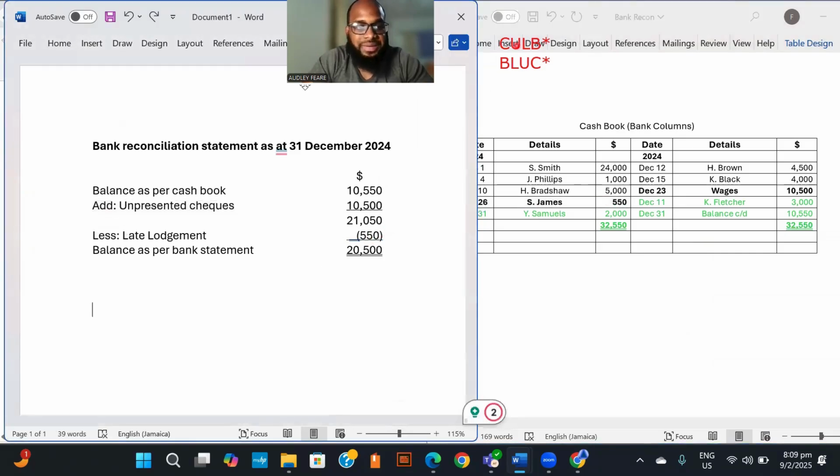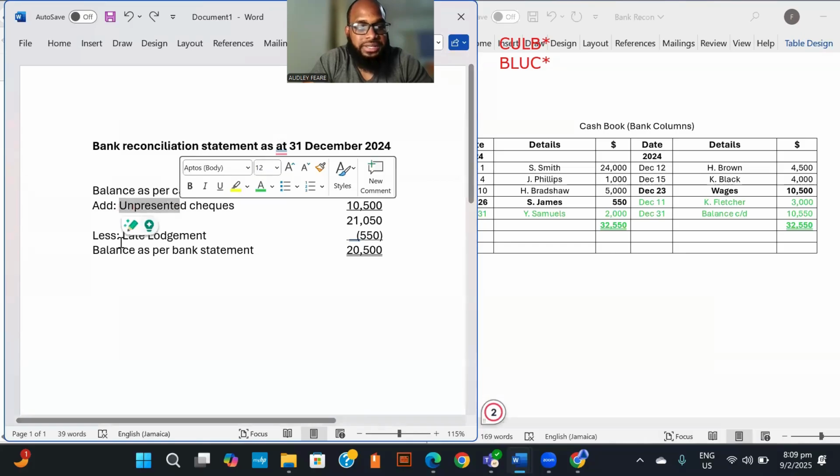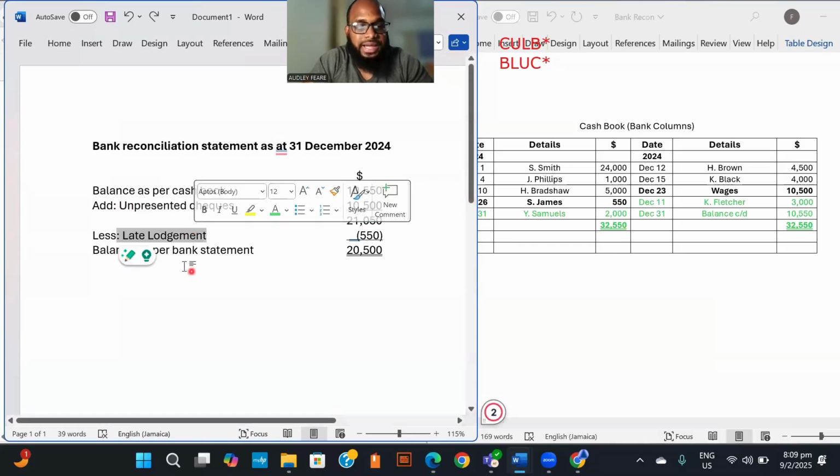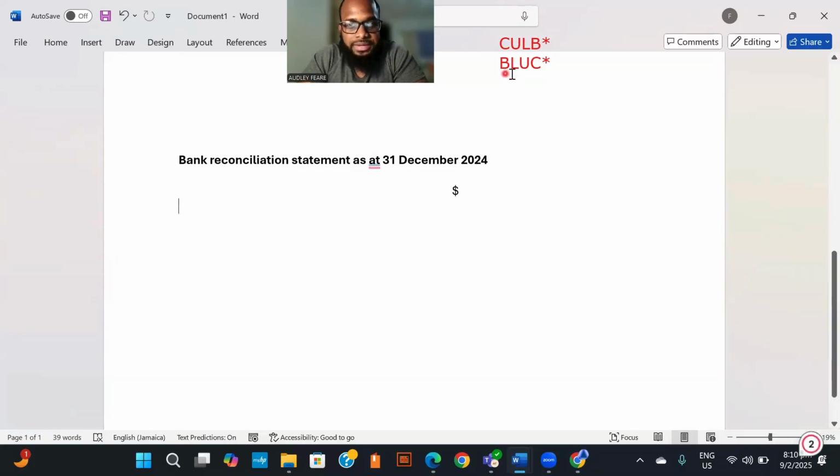So I always tell them BLUC or COLB. We just did COLB, balance as per cash book for the C, unpresented check, then late lodgement, and then bank statement. Let's go on. Bank statement, late lodgement, unpresented check, balance as per cash book.